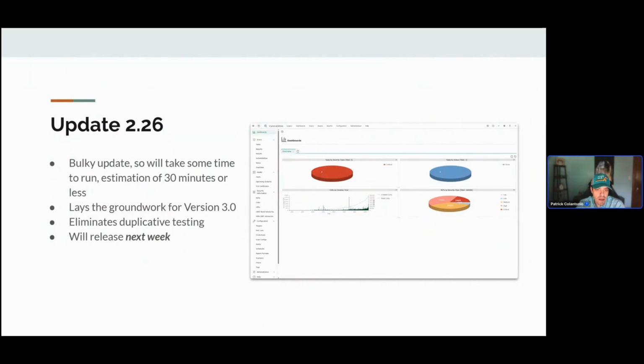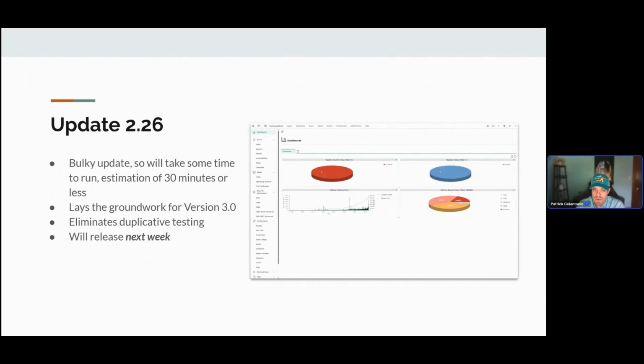So we're going to be coming out with version 3, and then the next iterative update, we're going to have an agent update. We don't want to do both at the same time, to reduce any troubleshooting issues or mismatches.